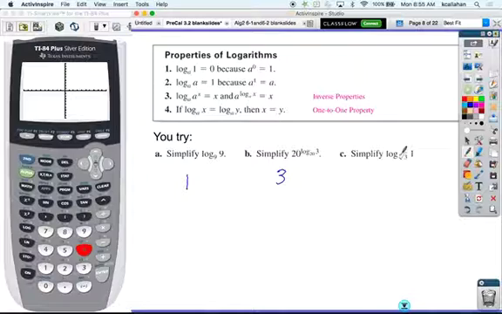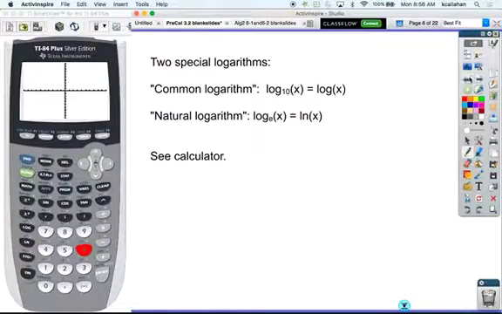So log base 3 of 1, which one of those three properties can you use? The first one, which says the log of 1 is always 0. I want to go back to the definition again.